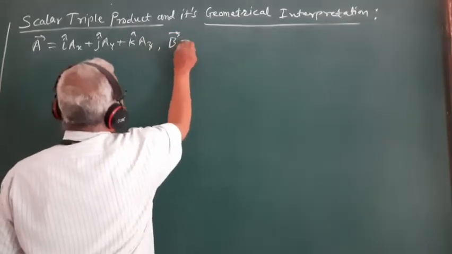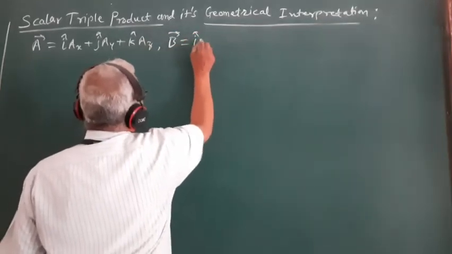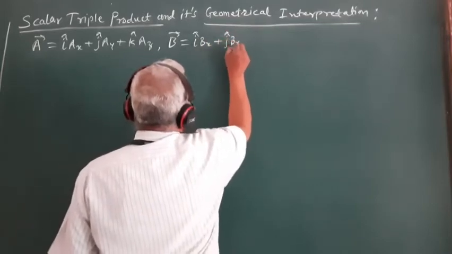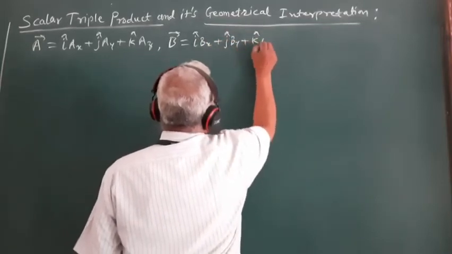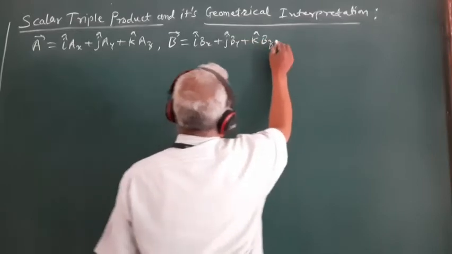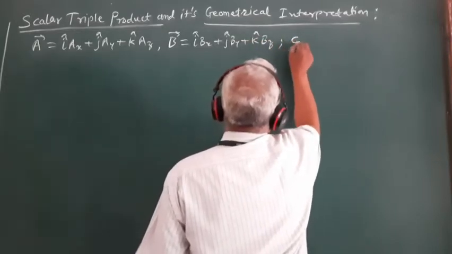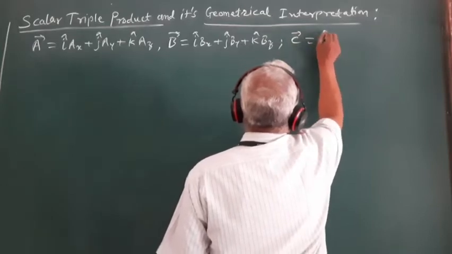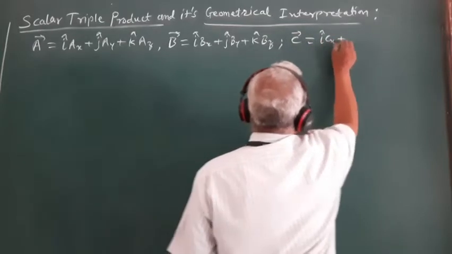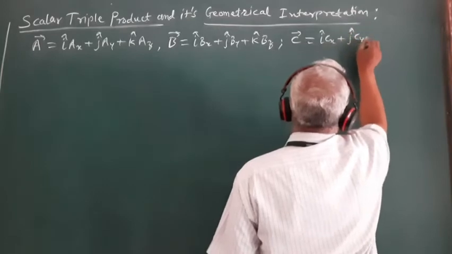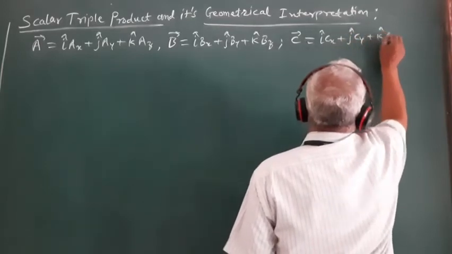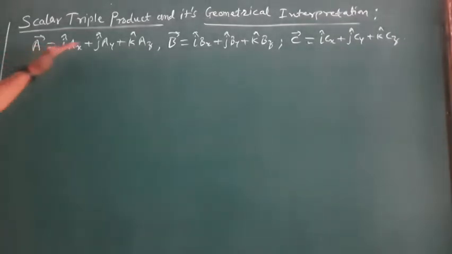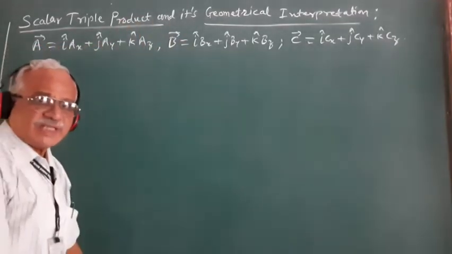B bar is expressed as i cap bx plus j cap by plus k cap bz, and the vector c bar is expressed as i cap cx plus j cap cy plus k cap cz. In terms of the rectangular components, the three vectors can be expressed like this.